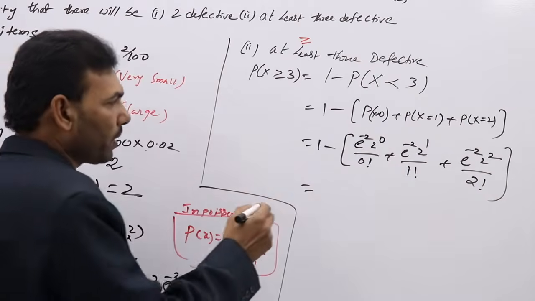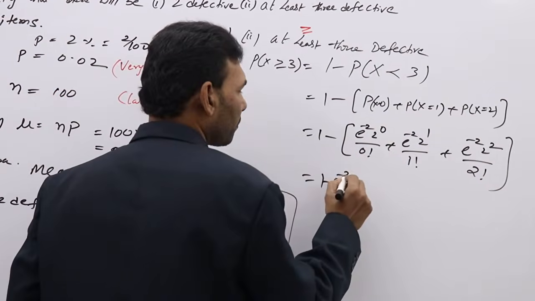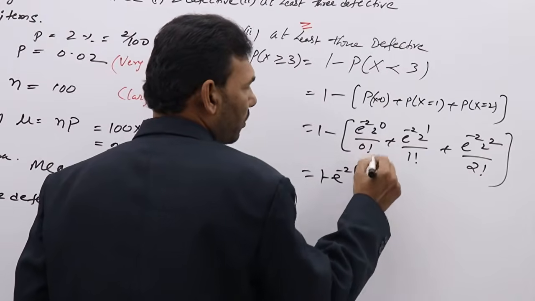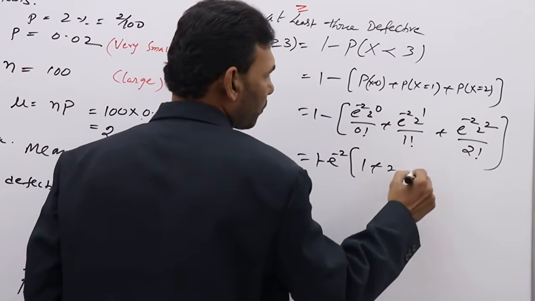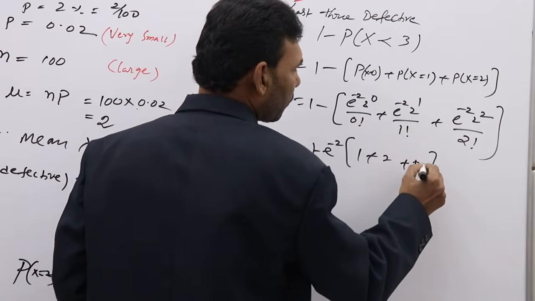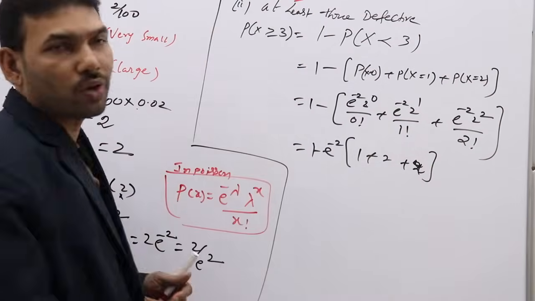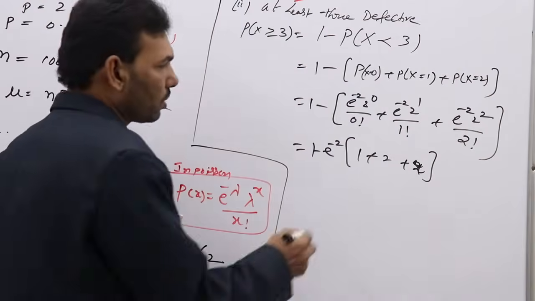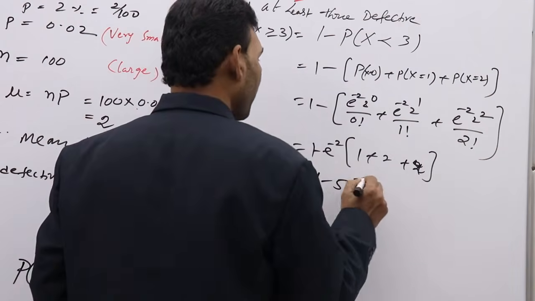So take e power minus 2 common. What will you have? 2 power 0 is 1, 2 power 1 is 2, 2 square by 2 factorial is 2. So finally 1 minus 5 e power minus 2.